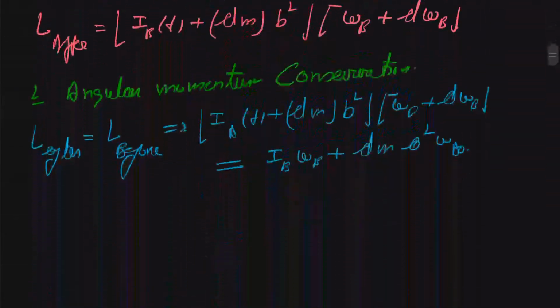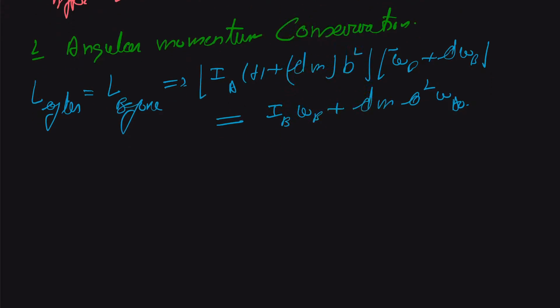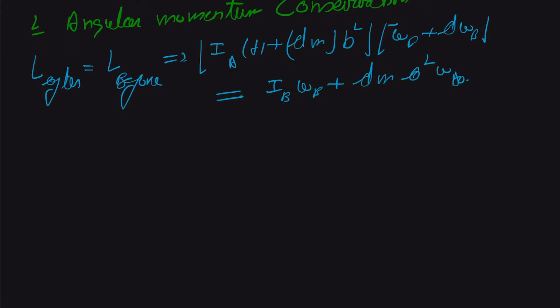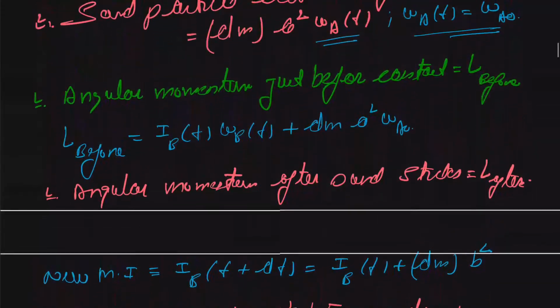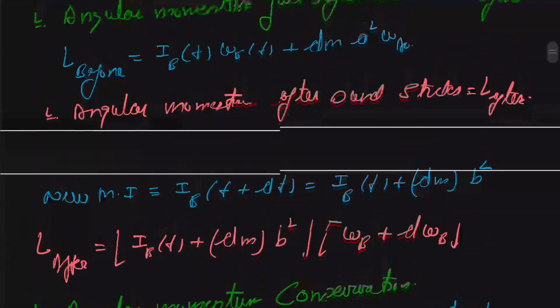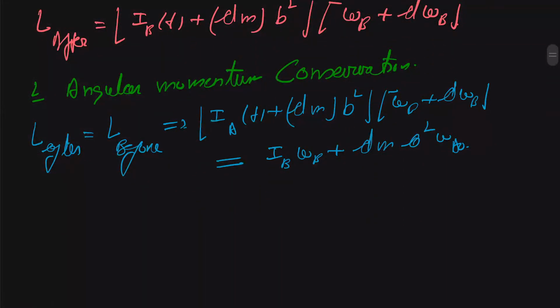Okay, now we are going to solve over this left side, and we can just open the bracket. Yes, here it is omega b, not a.